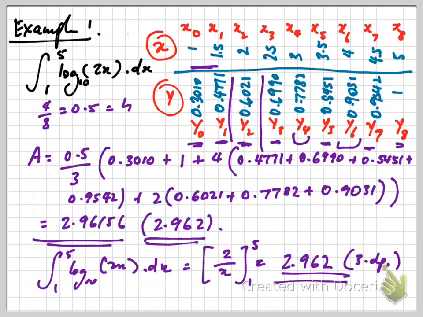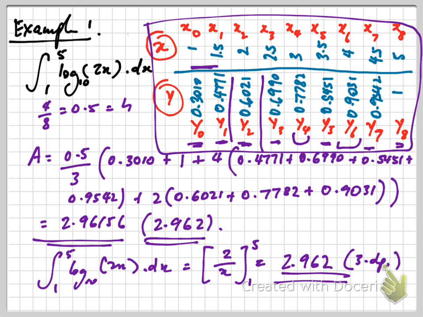The formula will be given in the formula sheet. All you have to do is create a table like so, or a table might be given to you. Label them from x0 all the way to the number of strips given, and y0 to the number of strips given. Substitute the numbers, work it out, and get the answer, and keep the answer to at least 3 decimal places if it's small.